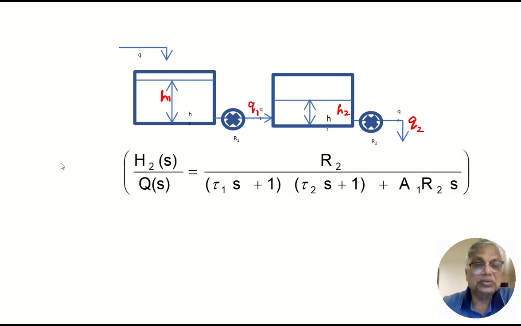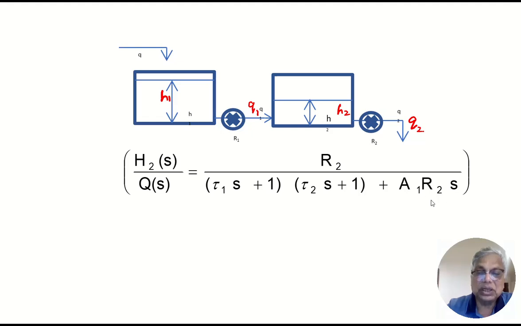Now if you see the transfer function of this using the previous formula, H2(s) by Q(s) equals R2 divided by (tau1 s plus 1) into (tau2 s plus 1) plus A1 R2 s.